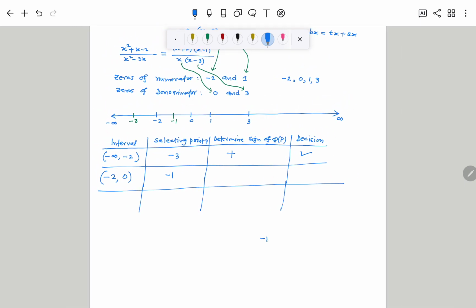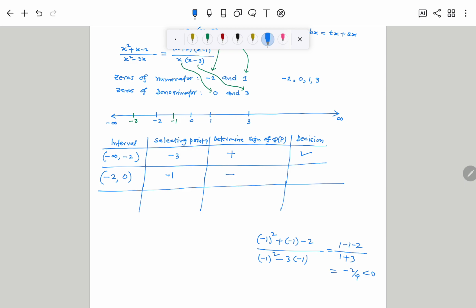It will be negative 1 whole square plus negative 1 minus 2, by negative 1 whole square minus 3 into negative 1. So we get 1 minus 1 minus 2, divided by 1 plus 3. So we get negative 2 by 4, which is less than 0. So this is a negative sign.